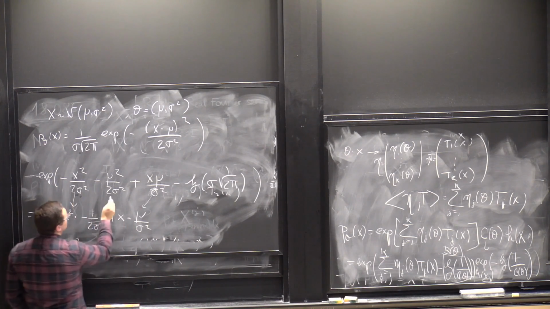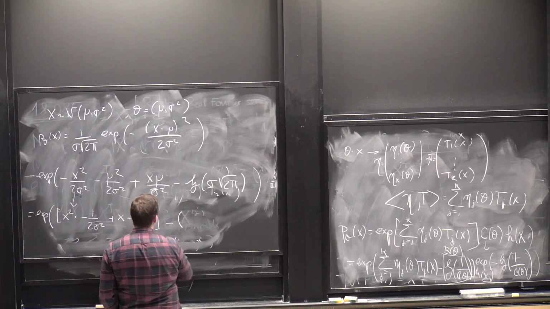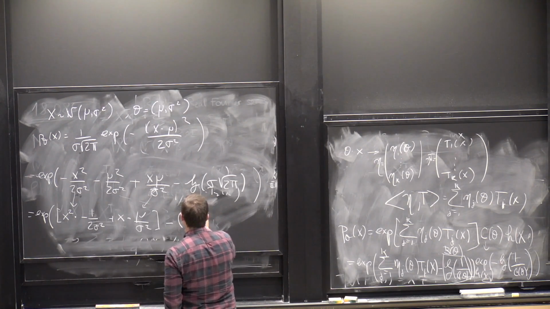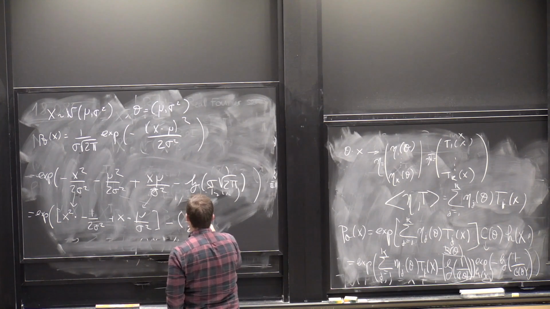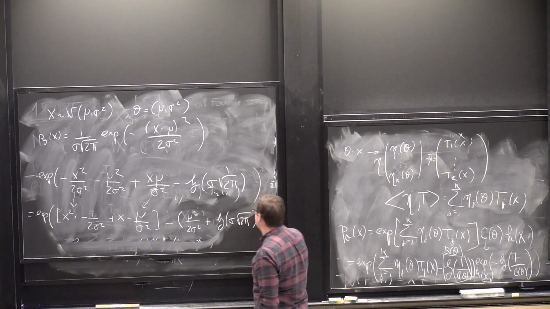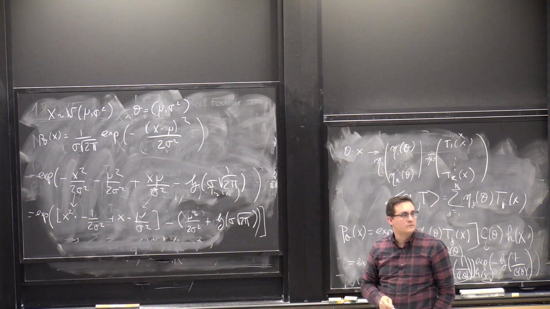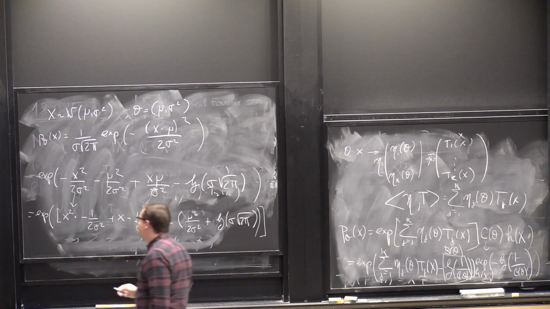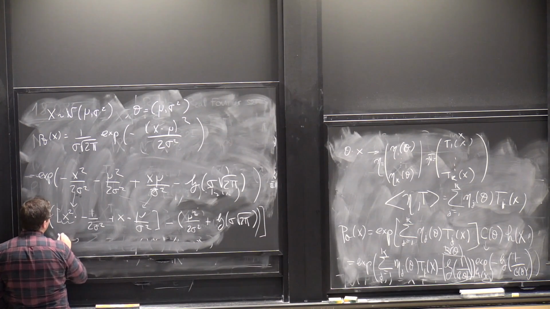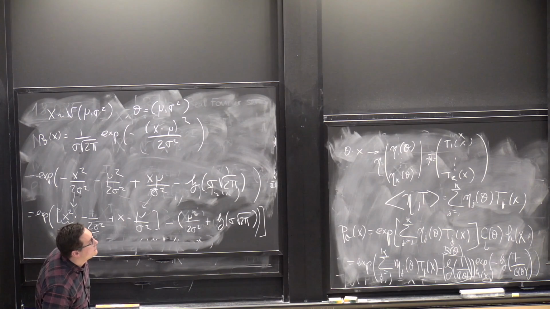Now I need to get this one here, and that's minus. So I'm going to write it like this: minus, and now I have mu squared over 2 sigma squared plus log sigma square root 2 pi. And now this thing is definitely of the form t1 of x times, did I call them the right way or not?